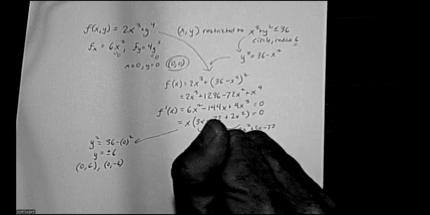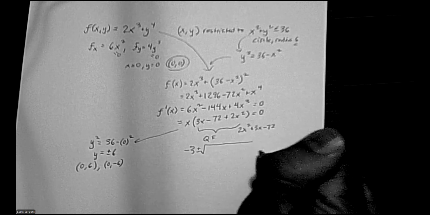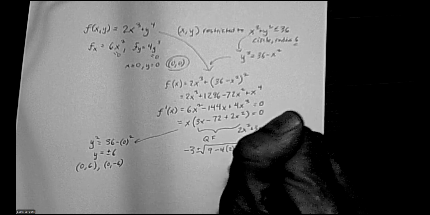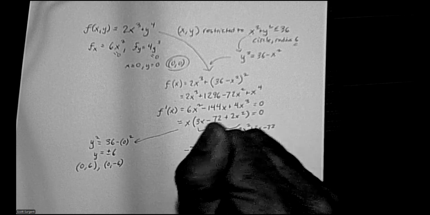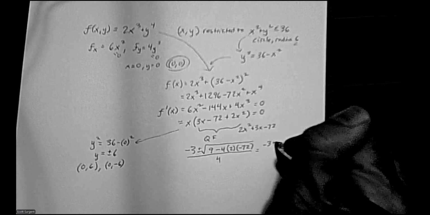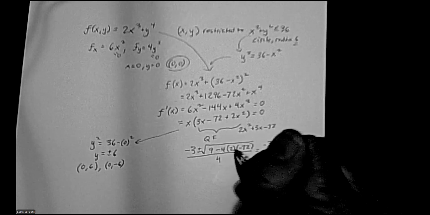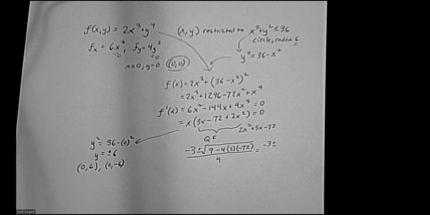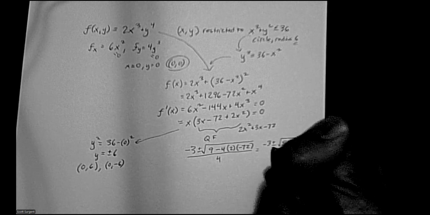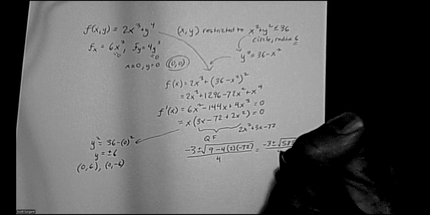So it's -3 plus or minus the square root of B squared, which is 9, take away 4 times A times C, all over 2A, which is 4. Let's see what number we get out of that. 72 times 8. The negatives cancel. And then we're going to add 9 to that. We get 585, square root of 585 over 4.